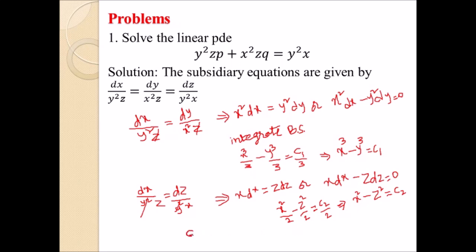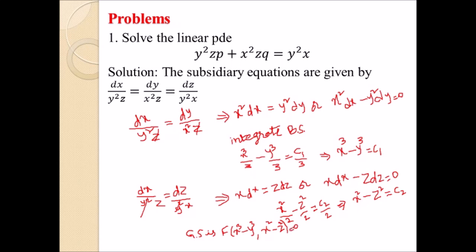So the general solution, I write as GS, is a function of the first solution, that is x cube minus y cube, and x square minus z square, equals to 0.